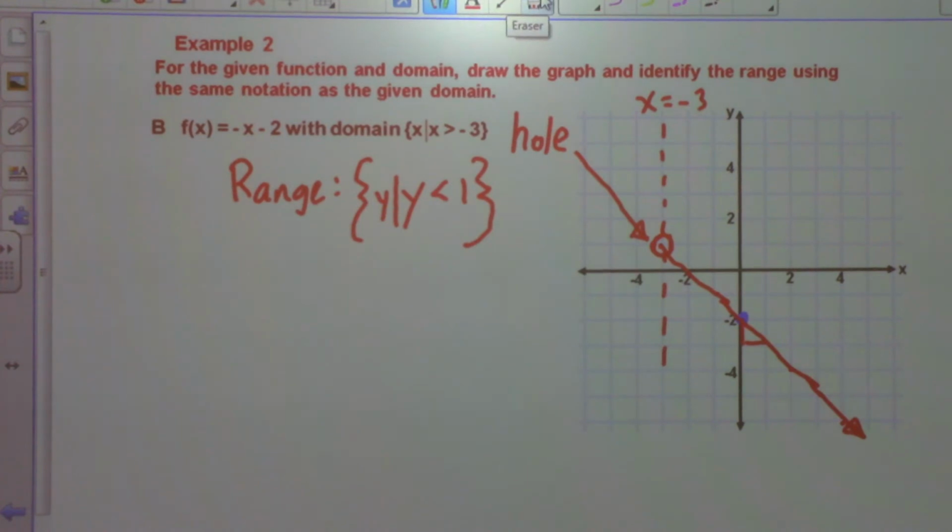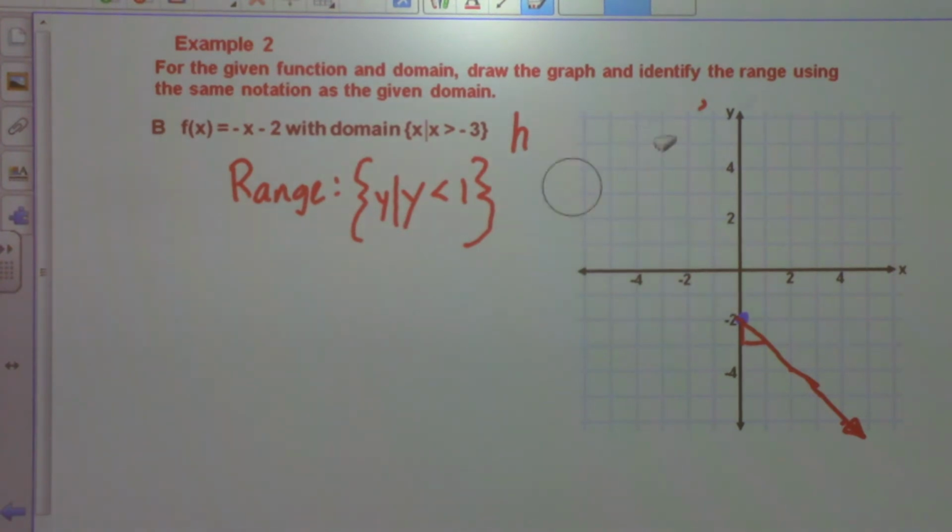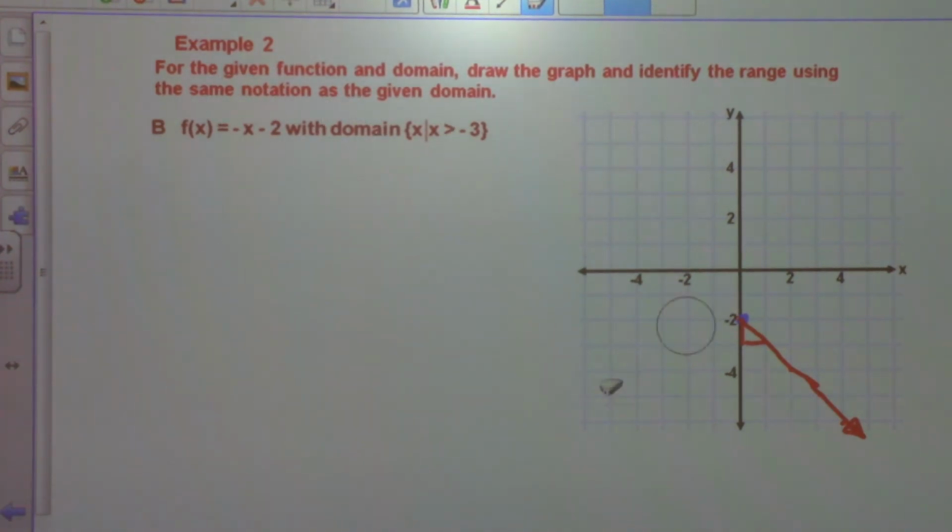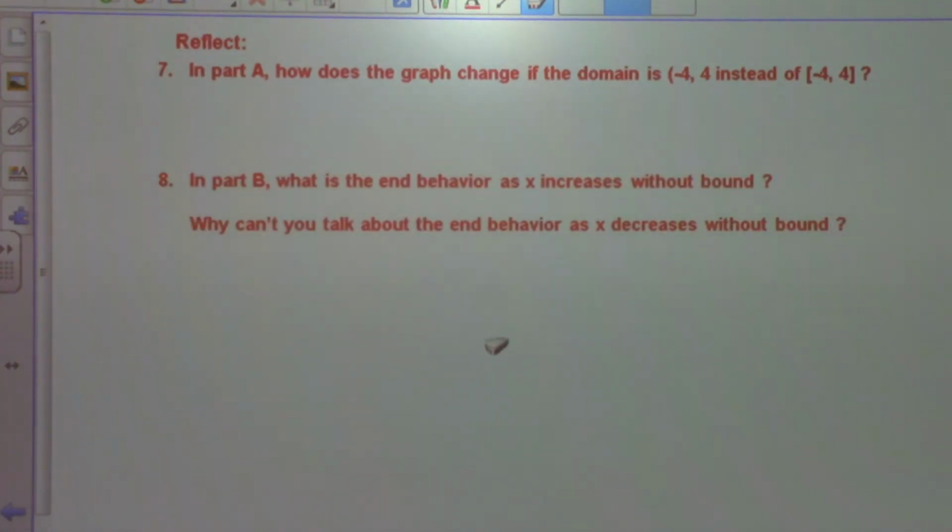Okay. I'm going to erase this again. Okay, reflect in part A, how does the graph change if the domain is -4, comma, 4 parentheses instead of bracket -4, 4?